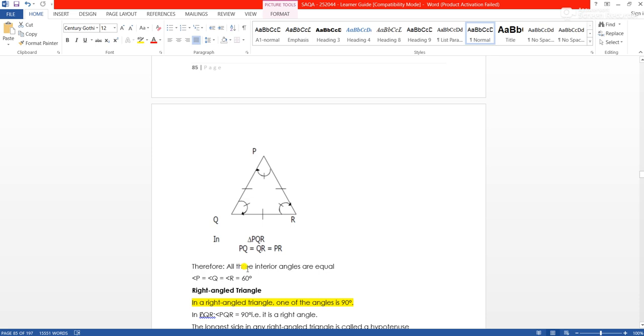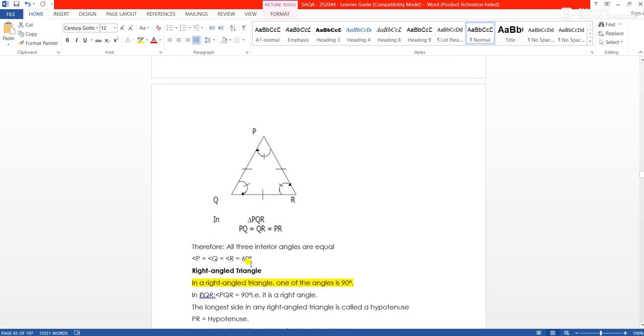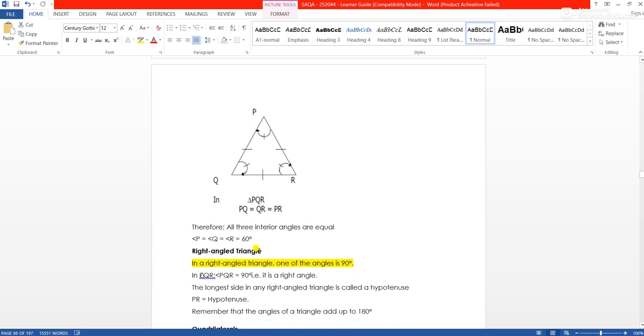In an equilateral triangle, all the angles should add up to 180. When you add all the 60 angles, it should give you 180. So we've got a right-angled triangle. In a right-angled triangle, one of the angles is 90.